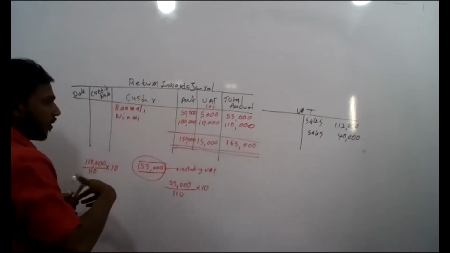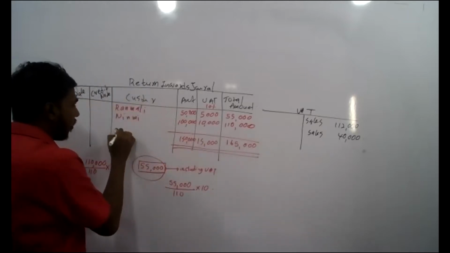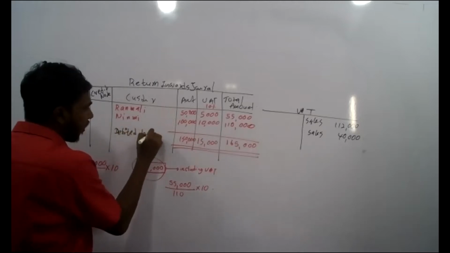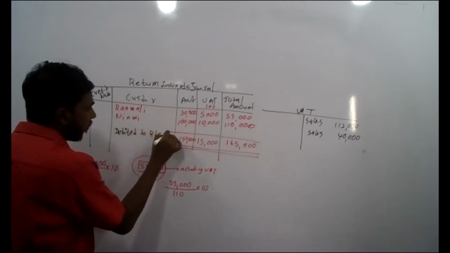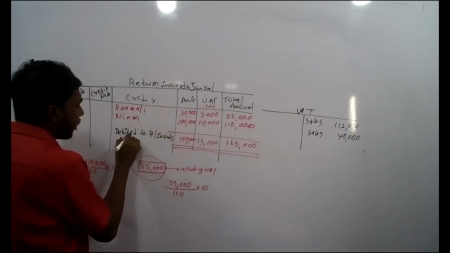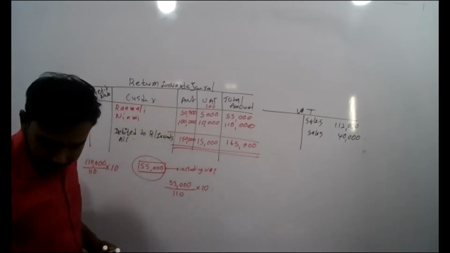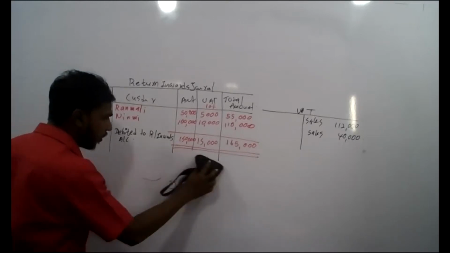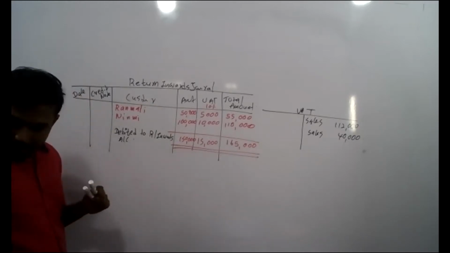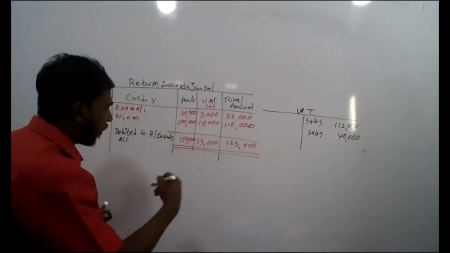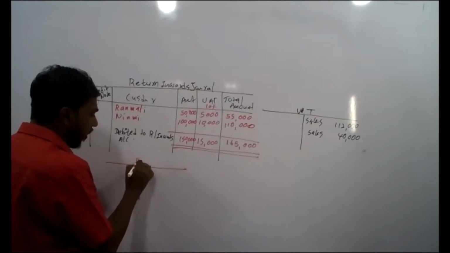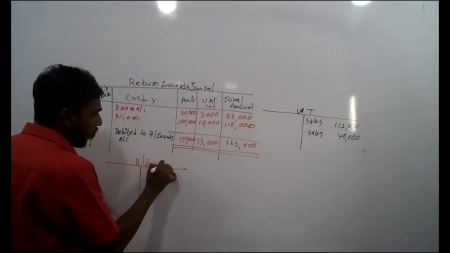Here we write it down what? Debited to the return inwards account. Right. So now we will take the accounts. Return inwards, how much should be debited?